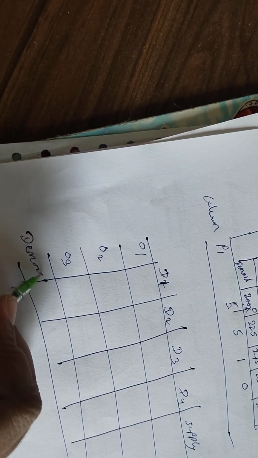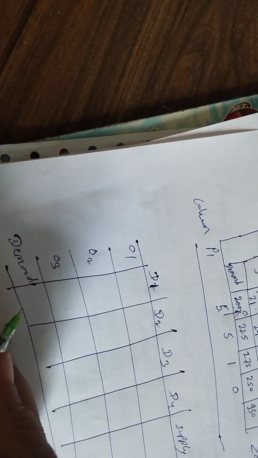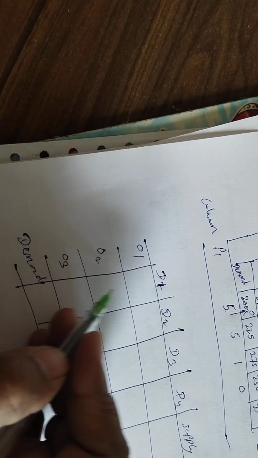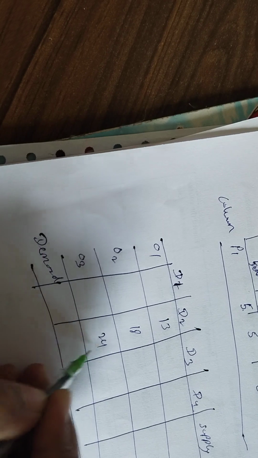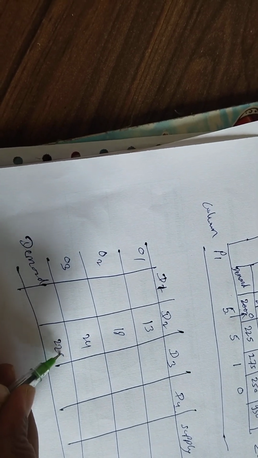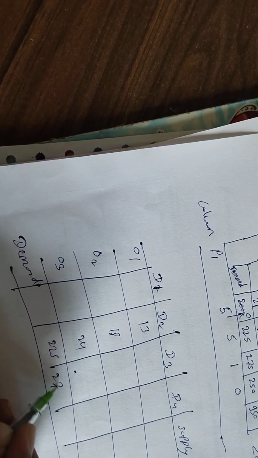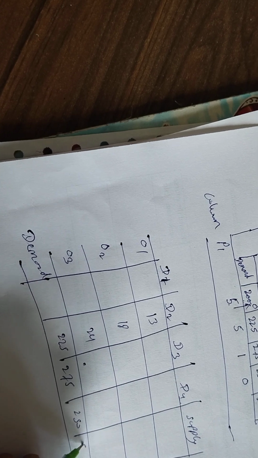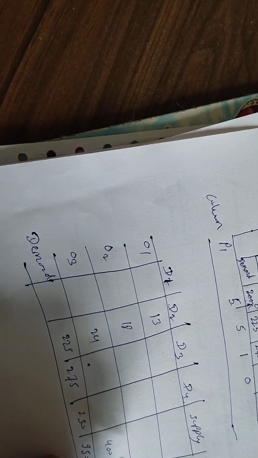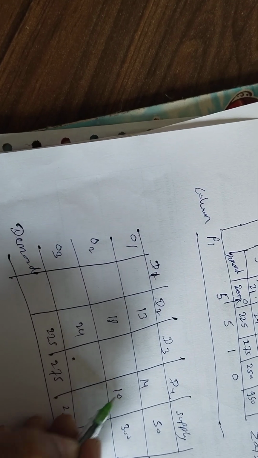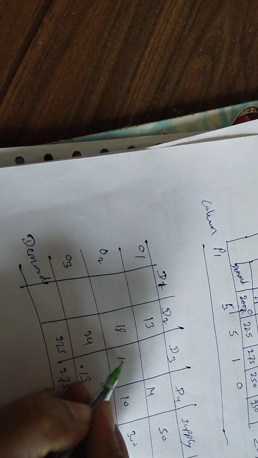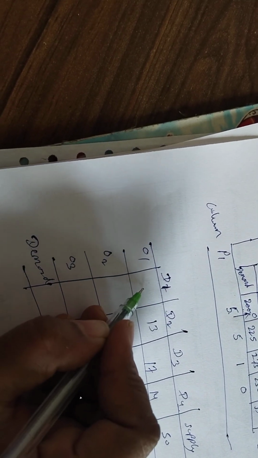Here it is the demand. D1 is deleted, keep it as it is. Now 13, 18, 24, 225, and here it is 275, 250, 950, 400, 300. Here the remaining is 50, 14, 10, 10, 13, 14, 17, and D1 is deleted, no need to fill that in.